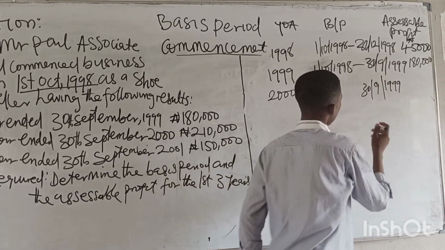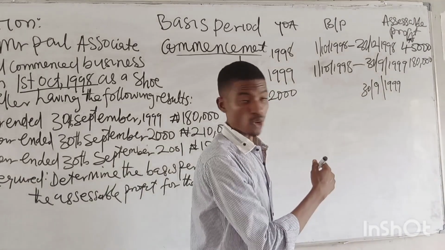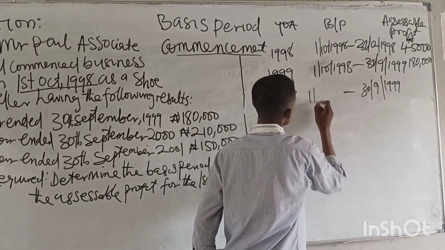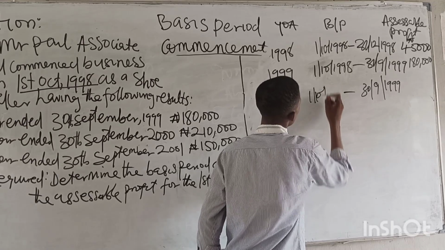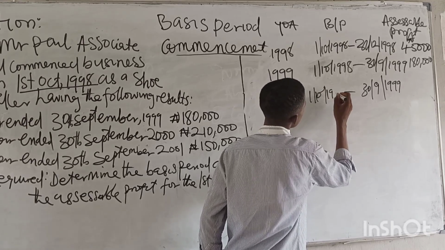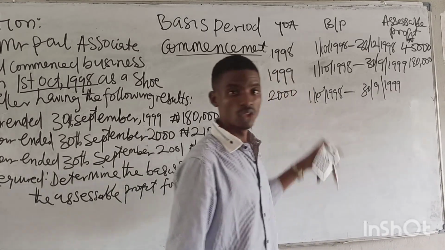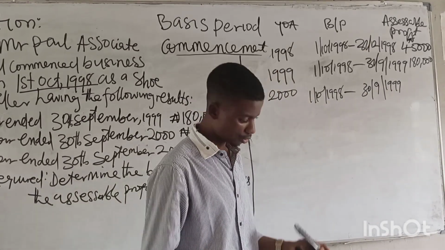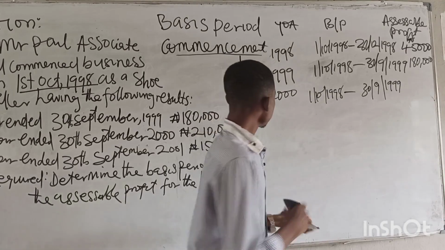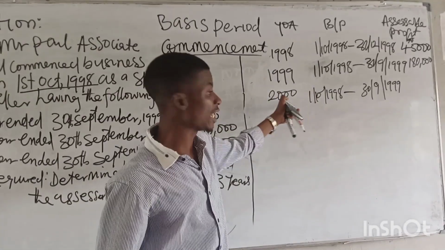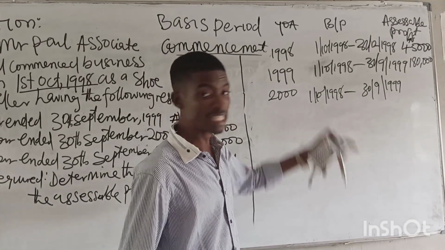Here we see the September 30, and when we count back 12 months, we are still going to arrive at 1st October 1998. If you count back from here, you still get 12 months. So the third year is on preceding year basis.